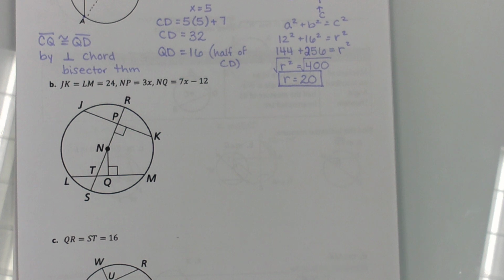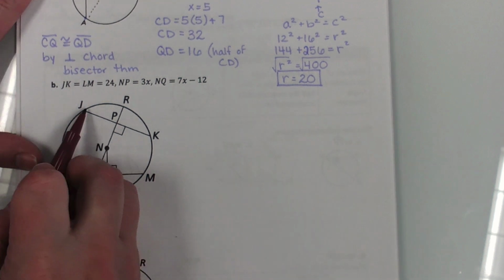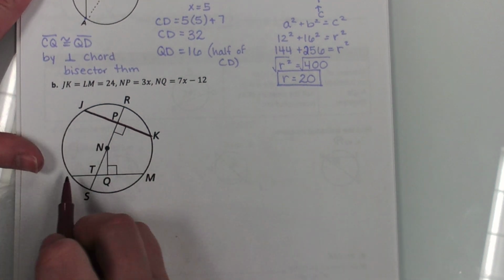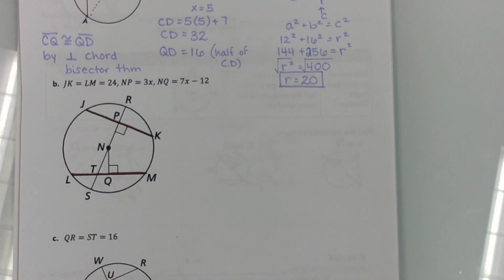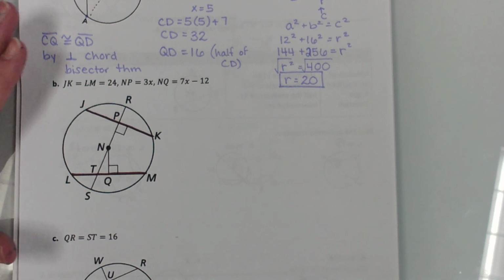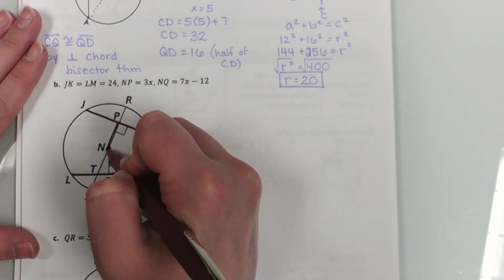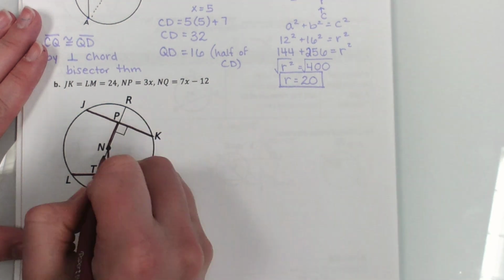JK equals LM equals 24. So they're starting by telling me that this length is the same as this length. If I have congruent chords, the distance those chords are from the center is the same. That means this and this are the same.